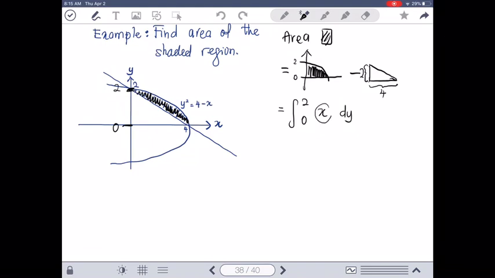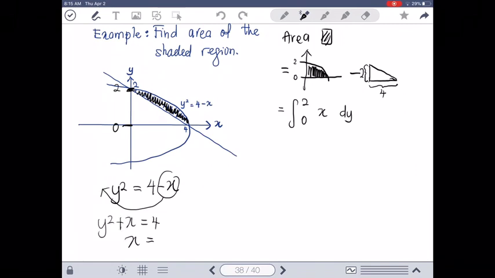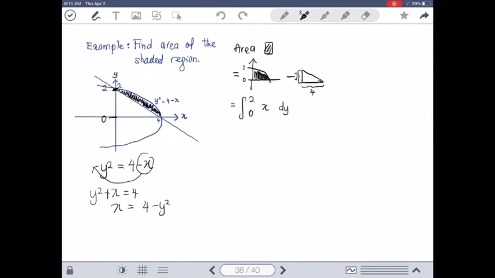So we need to make x the subject. Since we have y squared equals 4 minus x, let me see, I will bring x to the left hand side, becomes y squared plus x equals 4. Therefore x is just equal to 4 minus y squared.